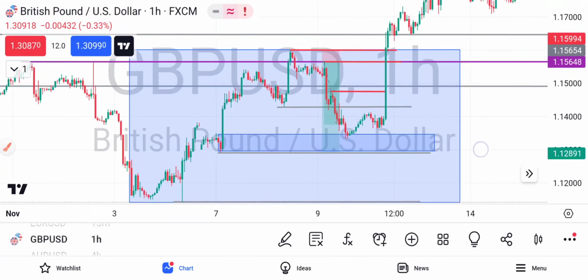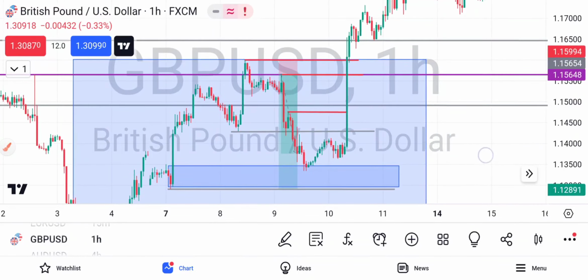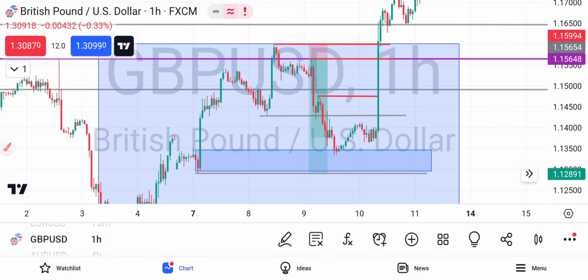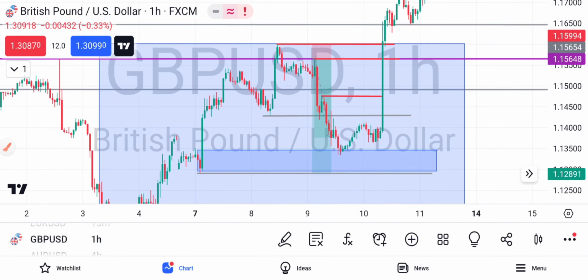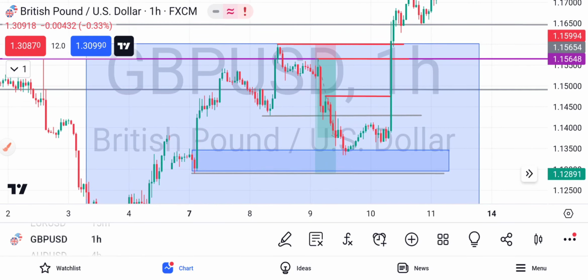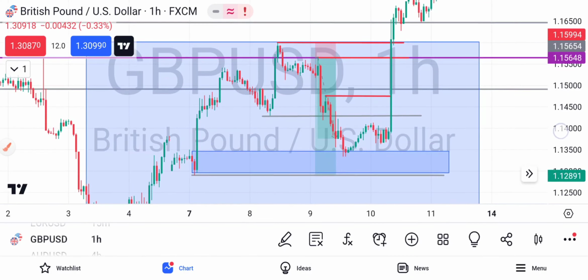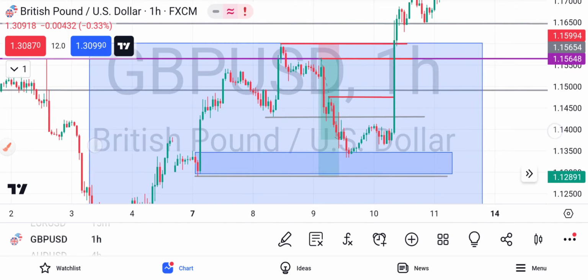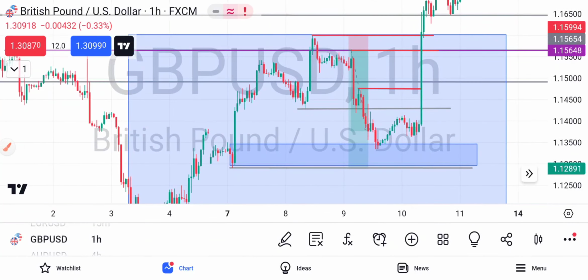okay, so all the places now that are seeing this red line is where buy stops are residing. This is where your retailers will place their buy stops. So that's basically where it was.